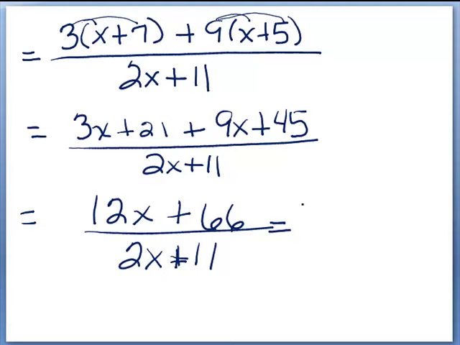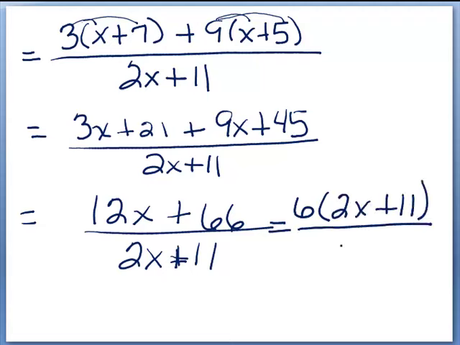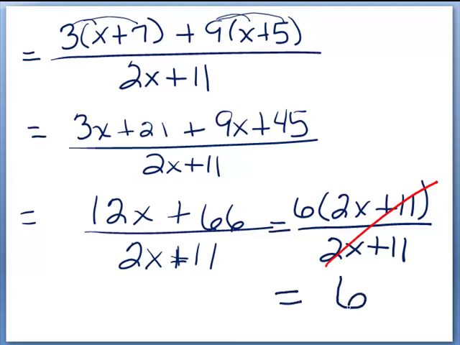The GCF is 6. Let's factor that out, and we're left with 2x plus 11 over the denominator 2x plus 11. Then what can we divide out here? The 2x plus 11s. And we're left with 6.